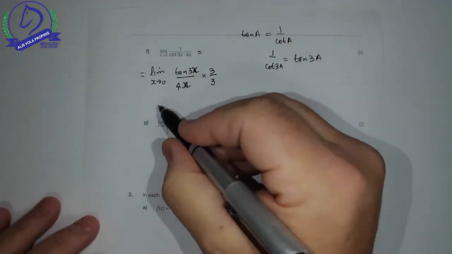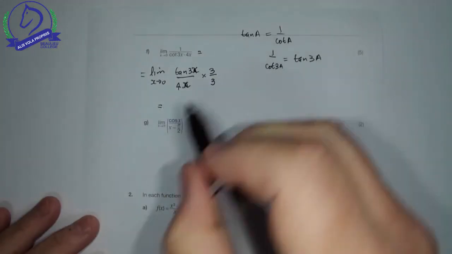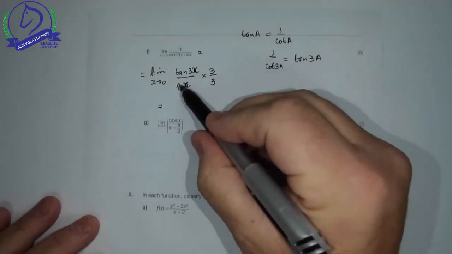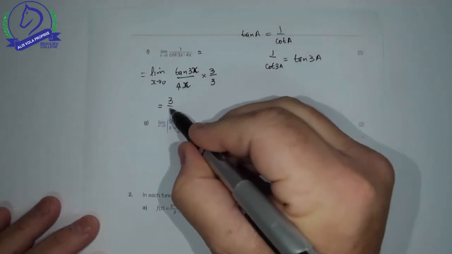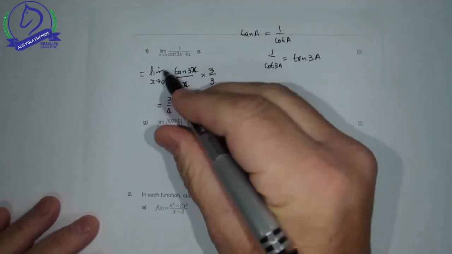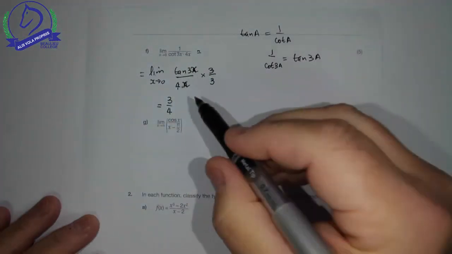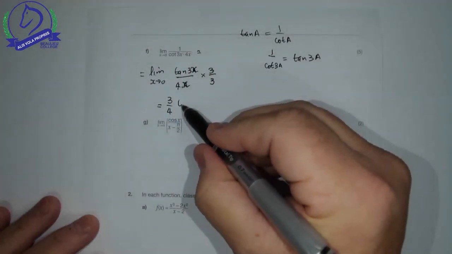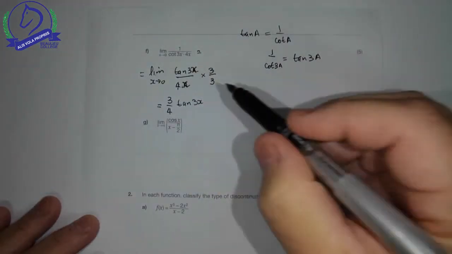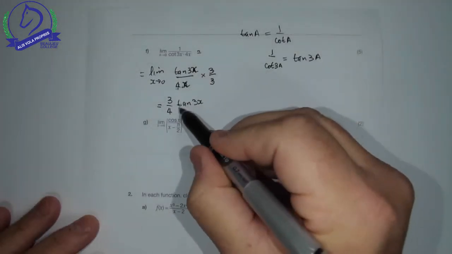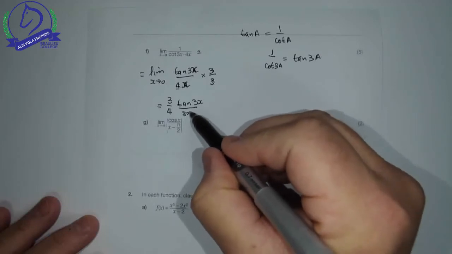When we do that, I can replace the 4 with 3x, and I take this 3 to the front. So this is going to become 3 over 4. Remember, this is a product, so I could bring that coefficient to the front. So 3 over 4 times the tan of 3x over 3x. Please note that I haven't changed anything there. All I did was, in the place of this 4, I put the 3x.